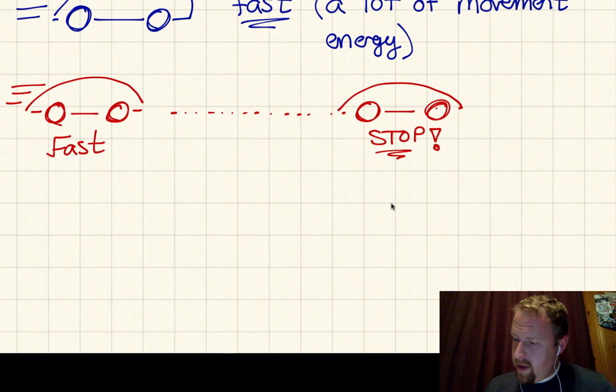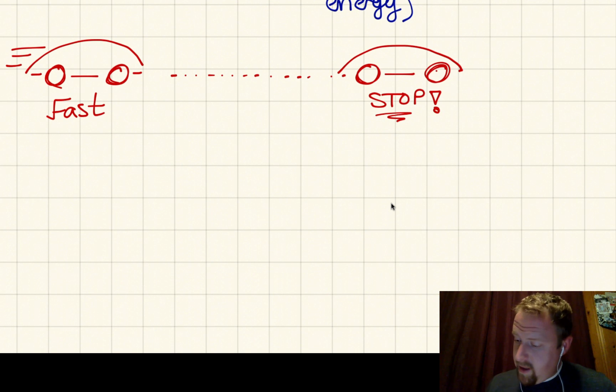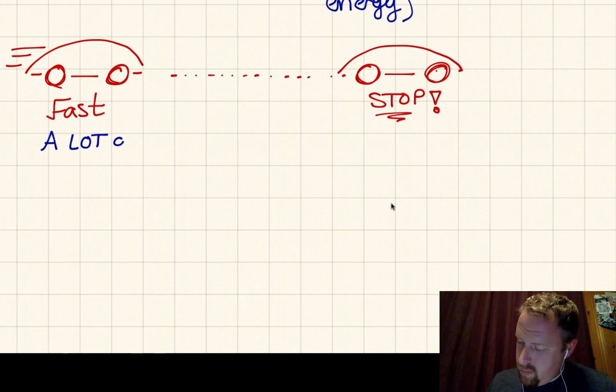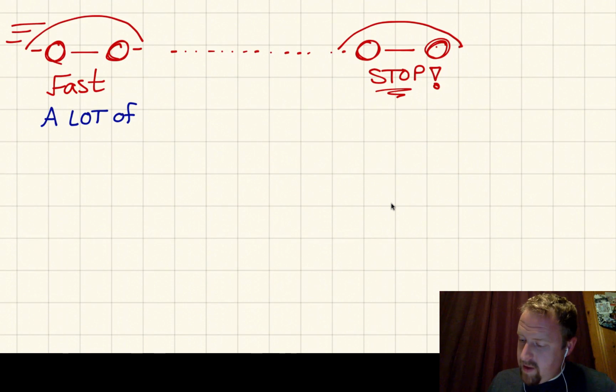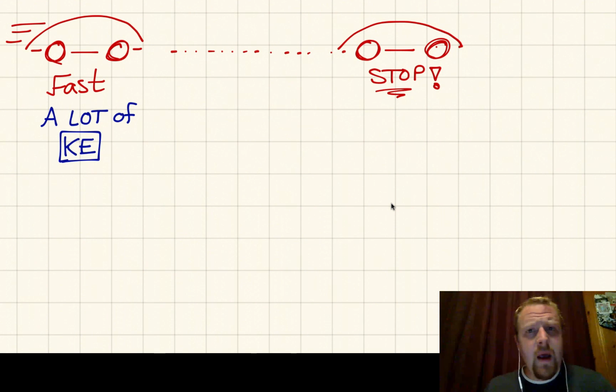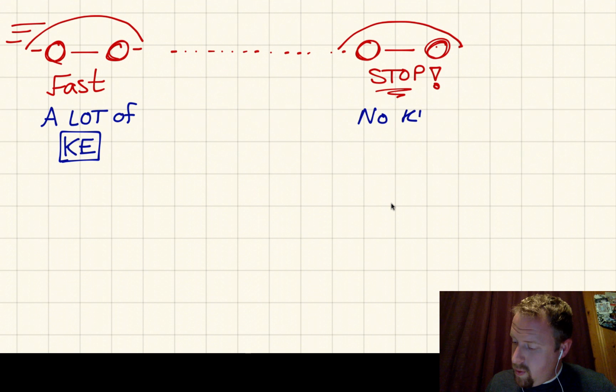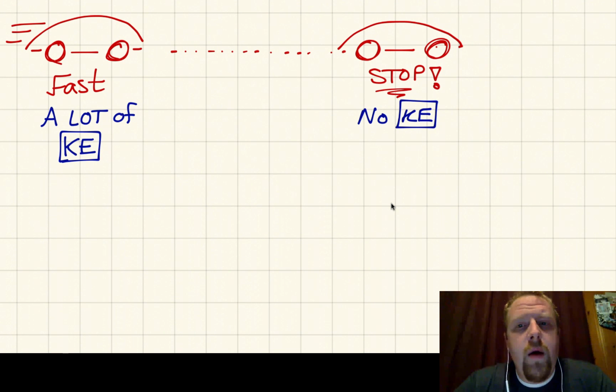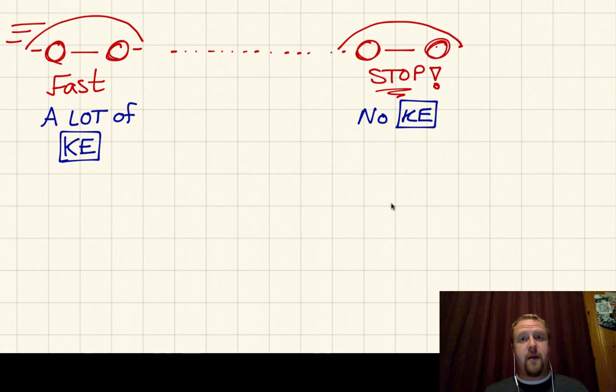It would start with a lot of kinetic energy, and you're going to see me use KE for kinetic energy. And if it stopped, it would have no kinetic energy. So again, we have to take into consideration how fast or slow an object is going when we're talking about kinetic energy.